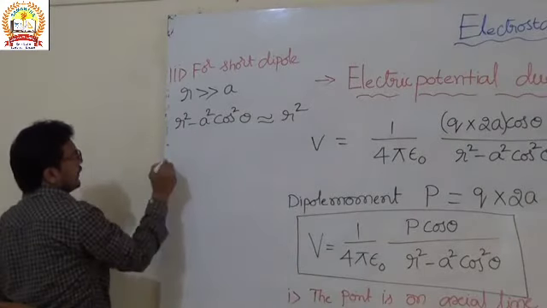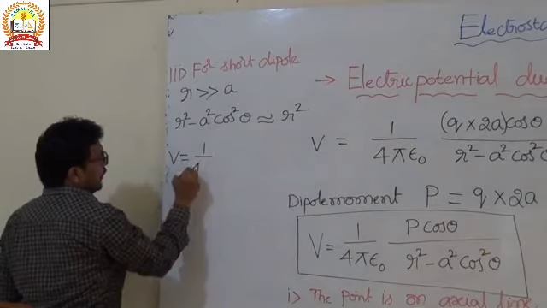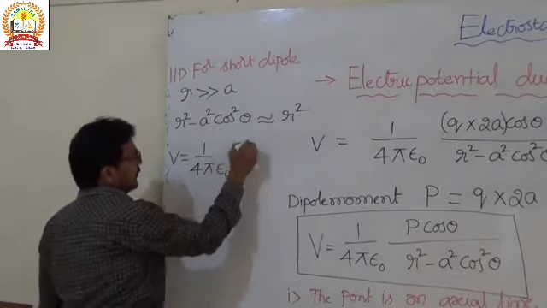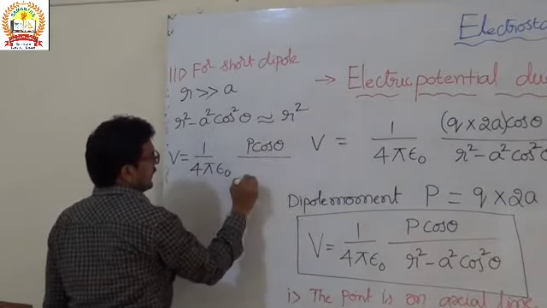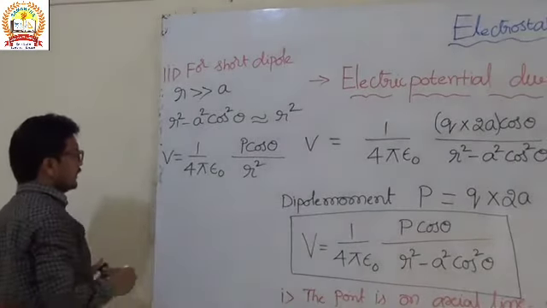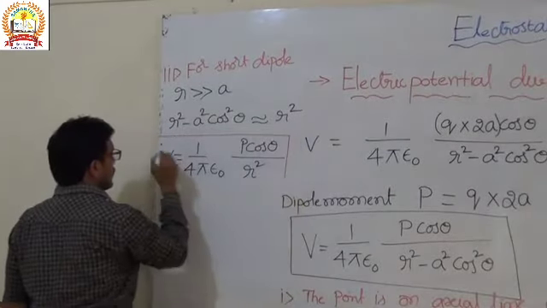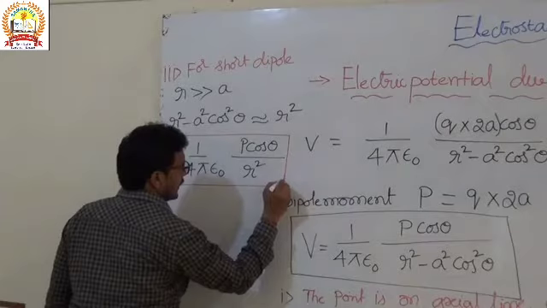Then if you substitute in the formula, the potential V is equal to 1 by 4 pi epsilon naught P cos theta divided by R square. This is the potential for the short dipole. V equals 1 by 4 pi epsilon naught P cos theta by R square.